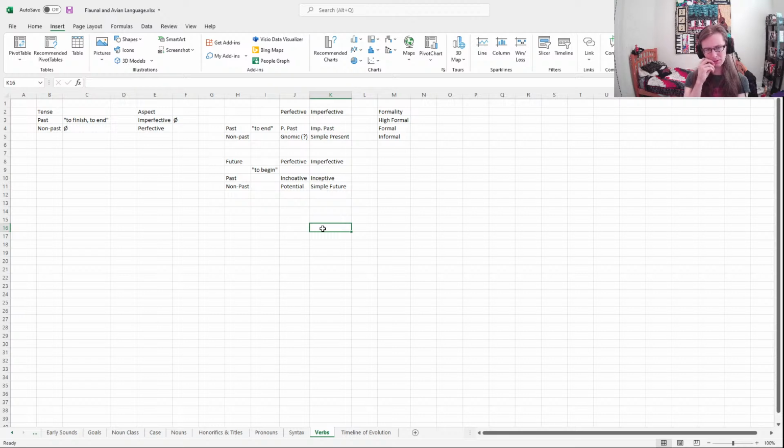I think this works. But it means our future tense is that we don't have a whole lot of moods, which I think is fine. And we are starting to get some baked-in aspectual distinctions, which I think is also fine.